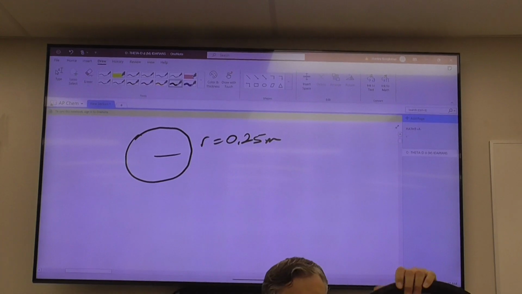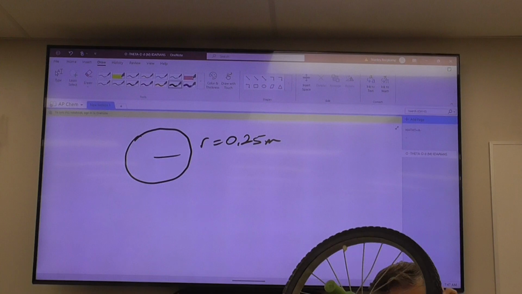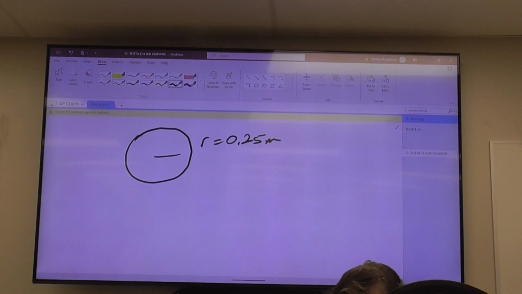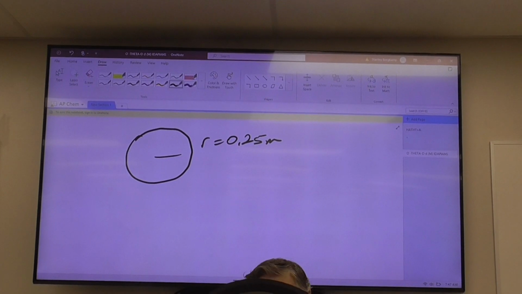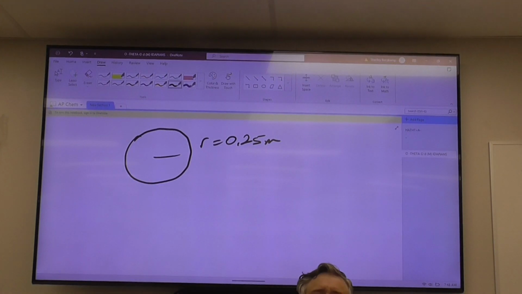Here's what I want to know. If I start with this piece of tape right here on the bottom, and I roll this thing along like this, how can I figure out how far it's going to go before that piece of tape gets back to the bottom? The circumference of the wheel.